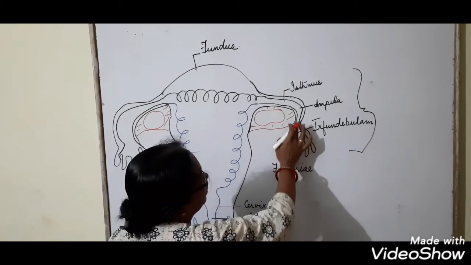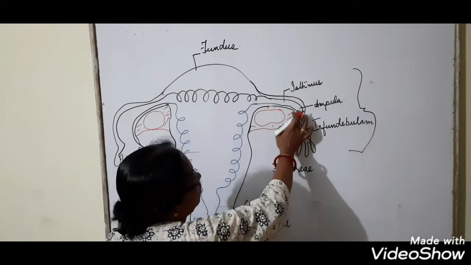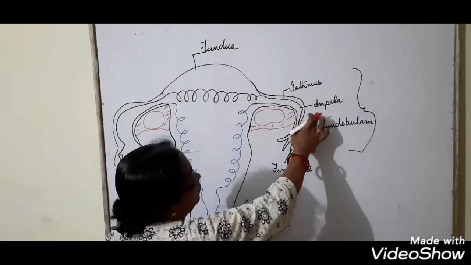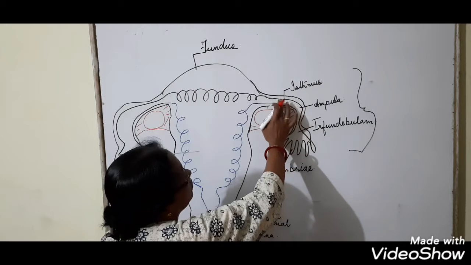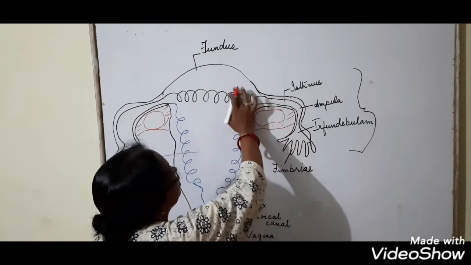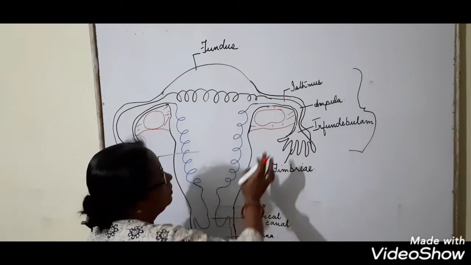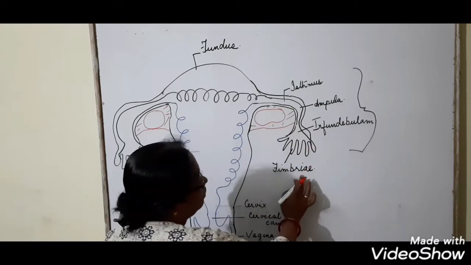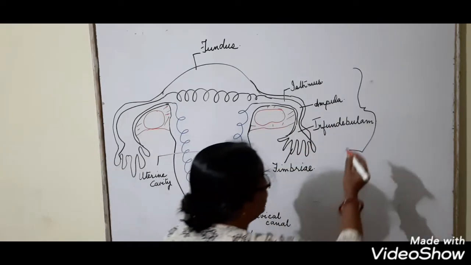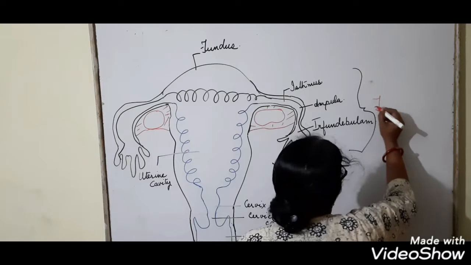From the infundibulum, it reaches the tube-like structure, which is the ampulla, and the ampulla reaches the isthmus, which joins the uterus. The isthmus, ampulla, and infundibulum along with the fimbriae form the fallopian tube.